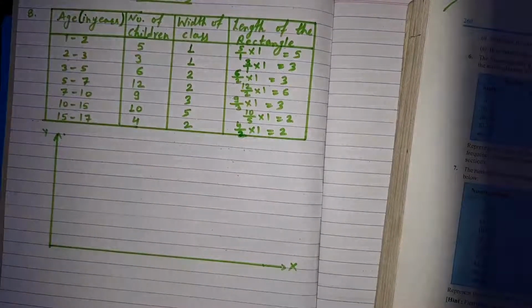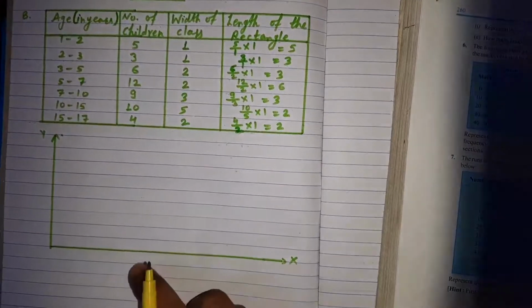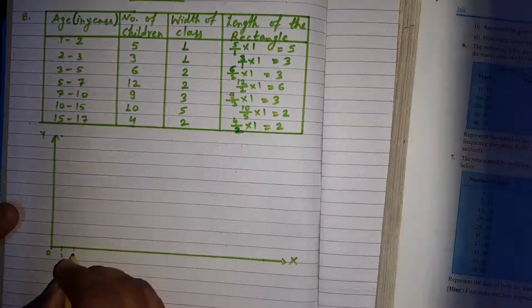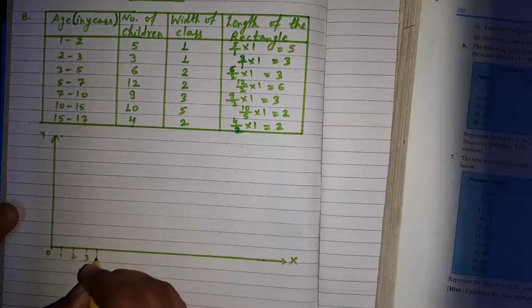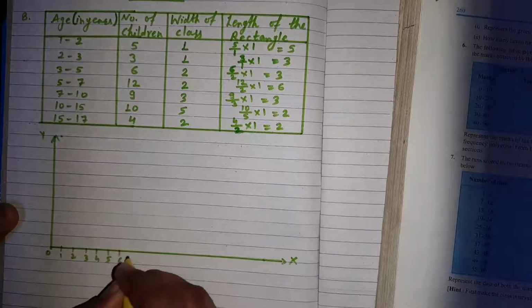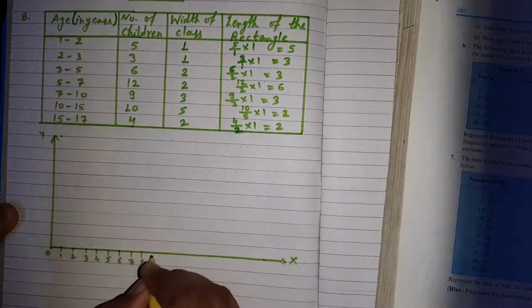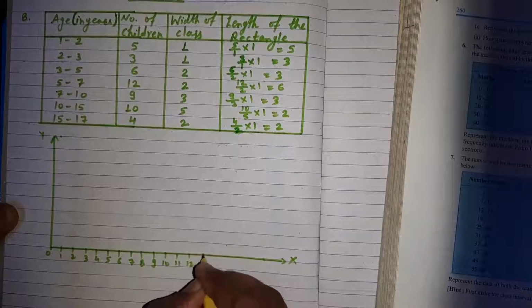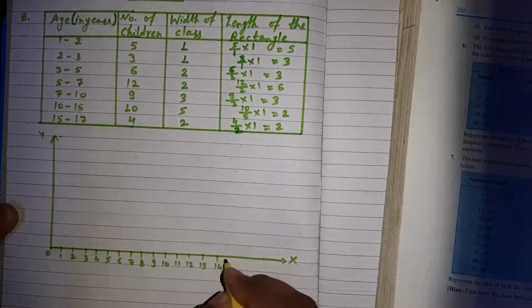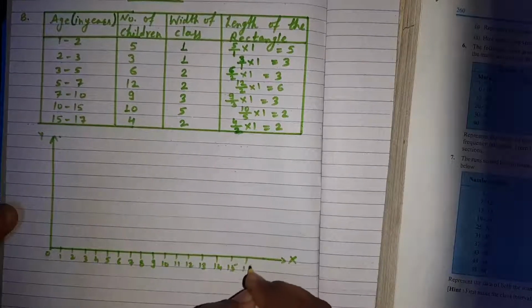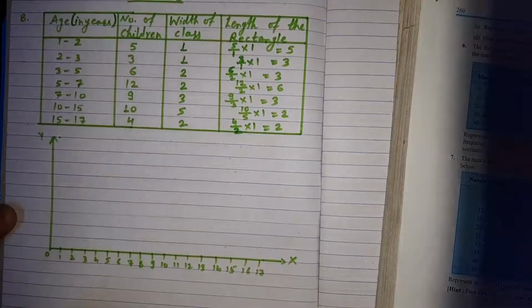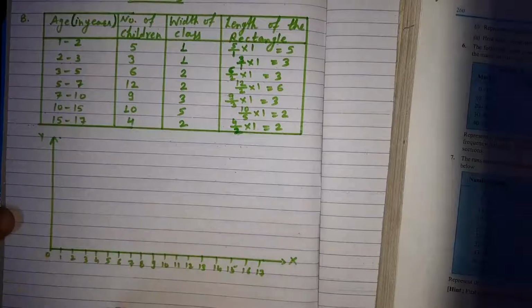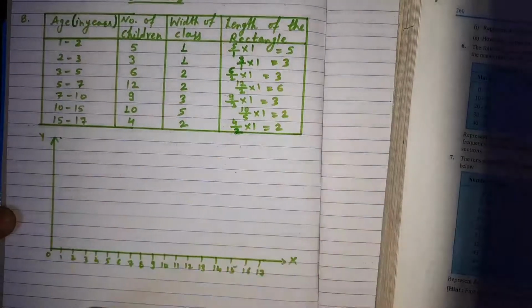On the x axis we are taking the age in years: 0, 1, 2, 3, 4, 5, 6, 7, 8, 9, 10, 11, 12, 13, 14, 15, 16 and 17. And on the y axis we are taking the modified length of the rectangles.